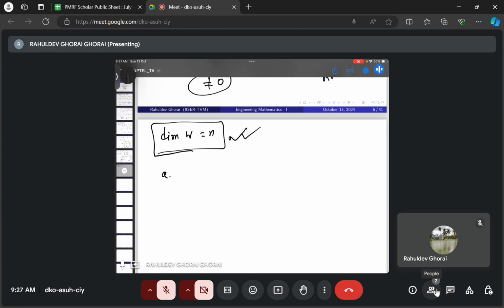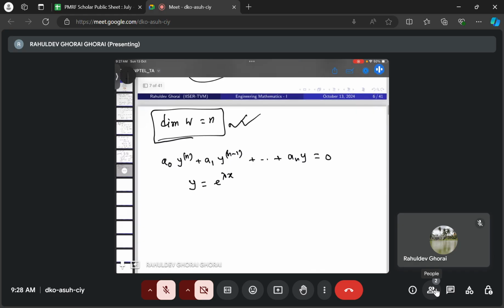So if you have a naught times y, the nth derivative of y, and it keeps on going, this is a general linear differential equation. Then if you look for a solution of the form e to the power lambda x, what will happen?